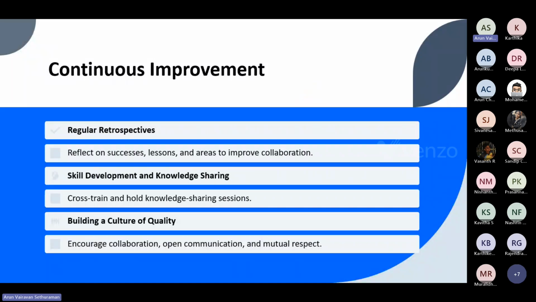Currently, I'm seeing many teams are not doing the retrospective, whether they are working in agile or another model. You have to sit together and understand the successes and failures, the failed cases, and what things we have to improve. These are the key points we have to discuss in the retrospective.